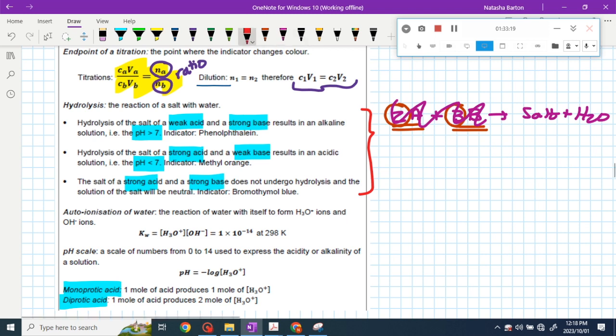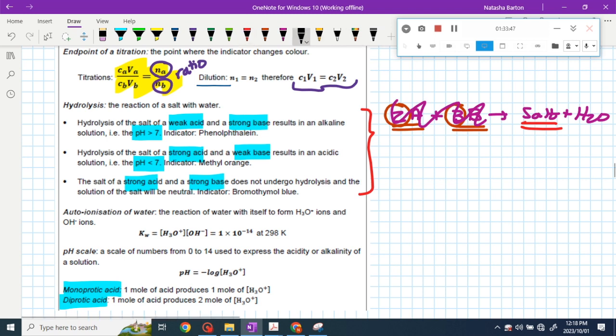But what will determine whether the pH at the end is 7, lower than 7, or higher than 7 is the type of salt that forms. Because as we know, a strong acid will form a weak conjugate base. A weak acid will form a strong conjugate base. A weak base will form a strong conjugate acid, and a strong base will form a weak conjugate acid.